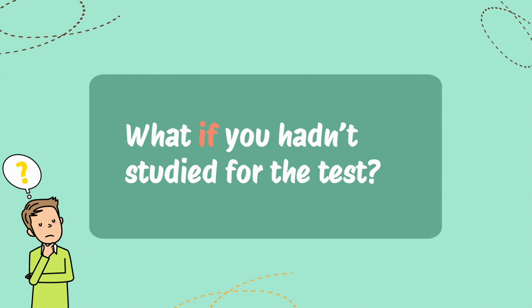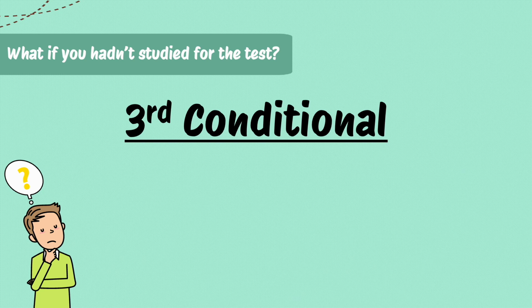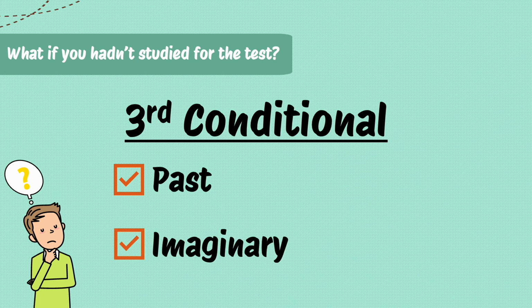Now let's look at another type of conditional. What if you hadn't studied for the test? This is what we call a third conditional. We use the third conditional to talk about the past, but it's imaginary, so we use it to imagine the past differently.